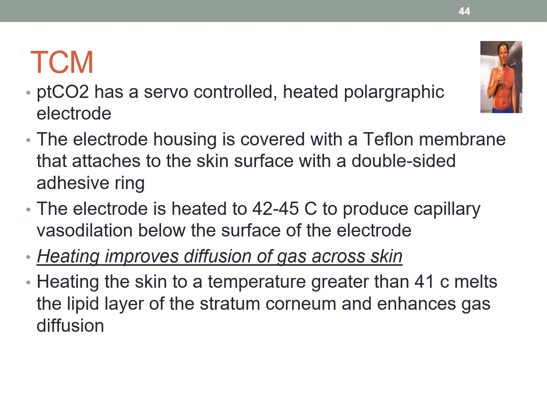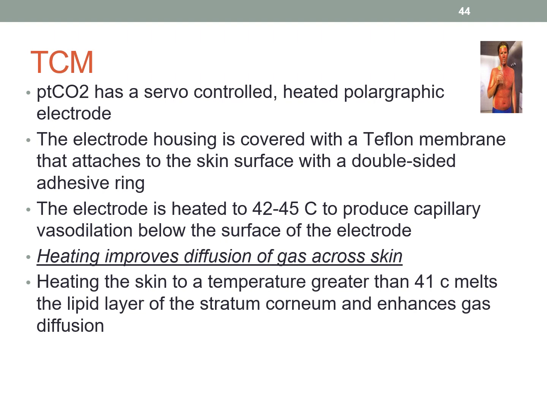They have a servo-controlled heated polarographic electrode, so it works by heat. It's in the housing. This is very specific, don't worry about it, just know that it's heat related. It has these little circular electrodes, similar to an EKG monitor but tinier.